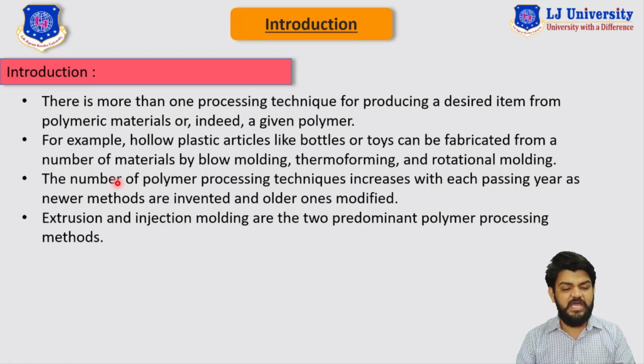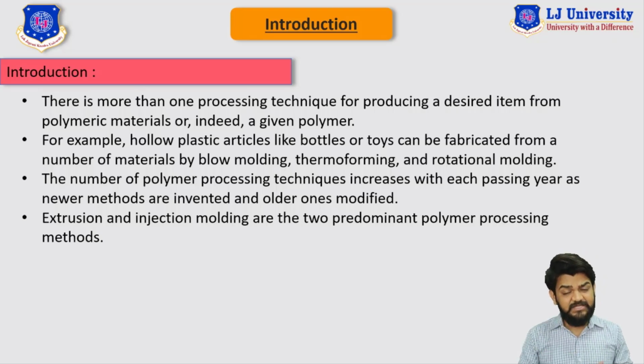As you can see here, the number of polymer processing techniques increases with each passing year, and as newer methods are invented, the older ones are modified. So with each passing year, we are getting newer and newer polymerization techniques by which we can produce our polymer that can be used in day-to-day lives.